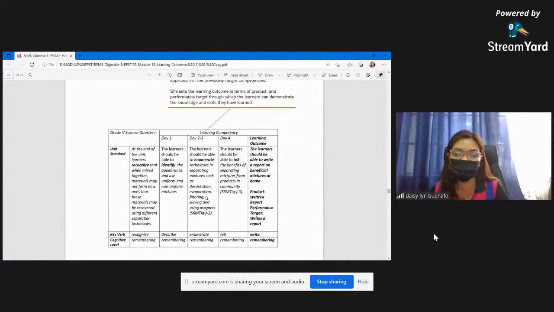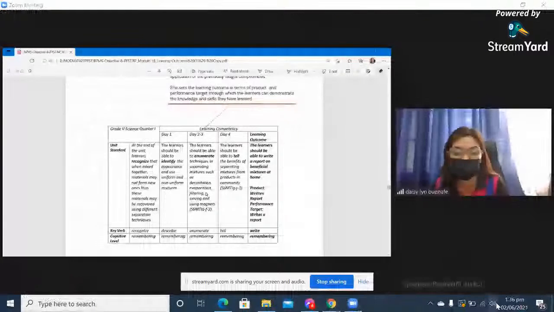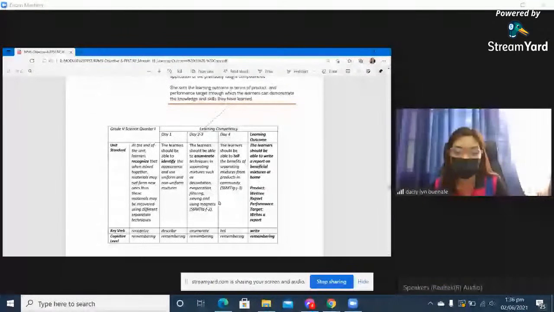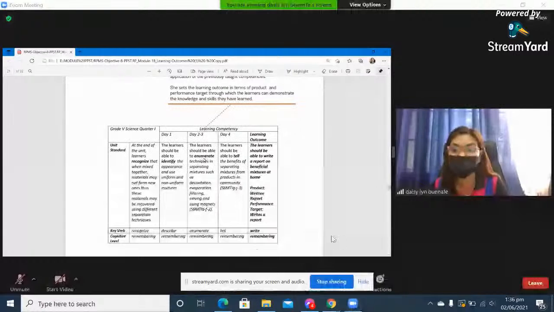For days 2 and 3, the learner should be able to enumerate the techniques in separating mixtures such as decantation, evaporation, filtering, sieving, and using magnets. The key verb is enumerate. What is the cognitive level?